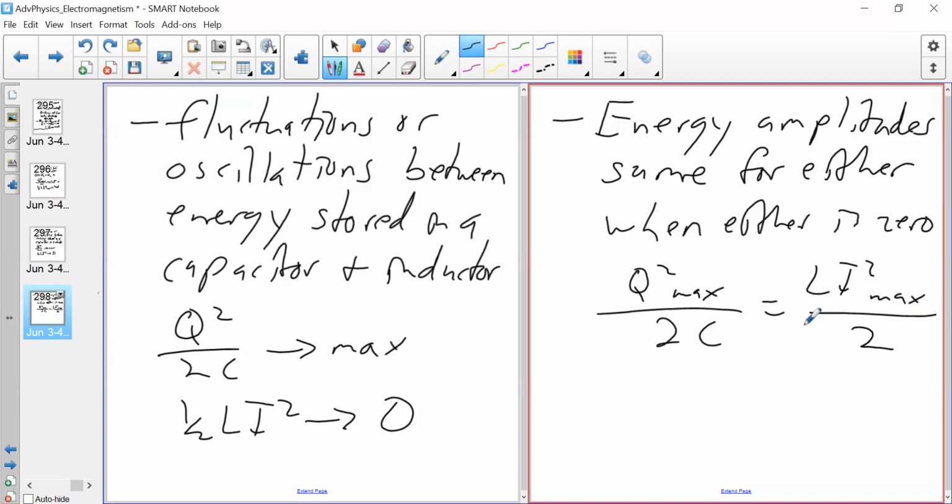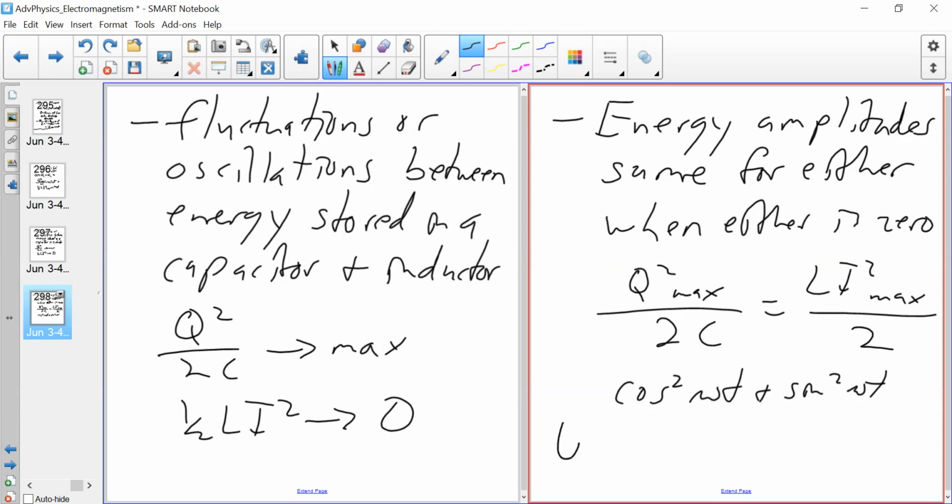And we get this from knowing that cosine squared plus sine squared omega t is 1. And since I is negative, yes, but when you square it, it's positive, and so you set these equal.